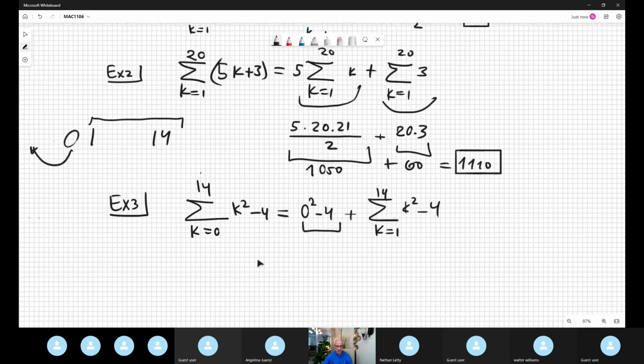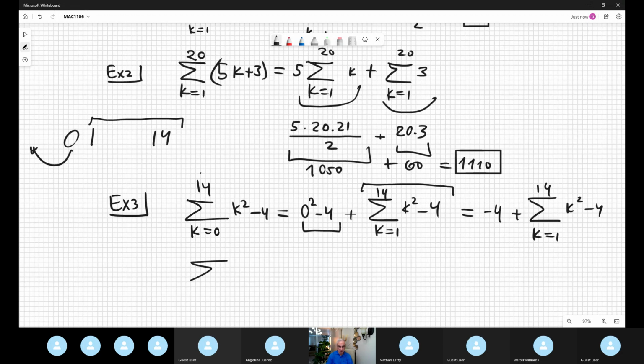Actually, I focus 100% on this summation. But I need to remember subtracting 4. So let me copy: negative 4 plus summation from k equals 1 to 14 of k squared minus 4. So don't forget this negative 4. I copy only the summation that starts in 1.